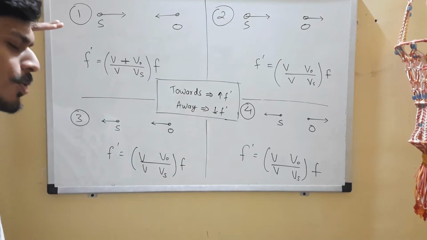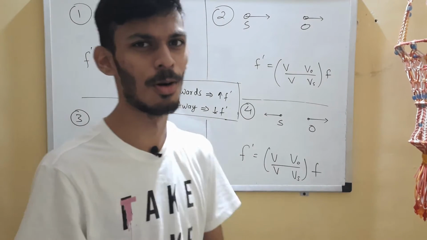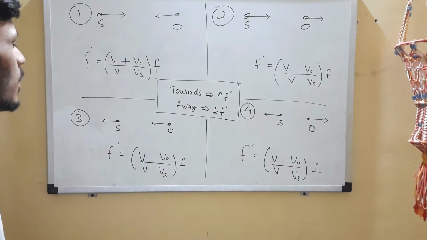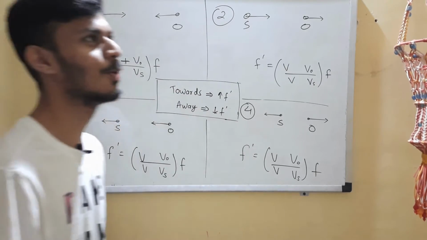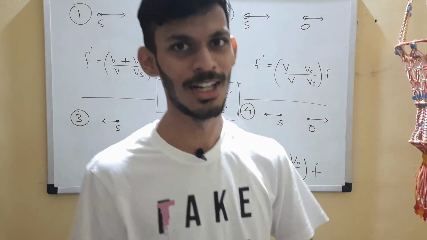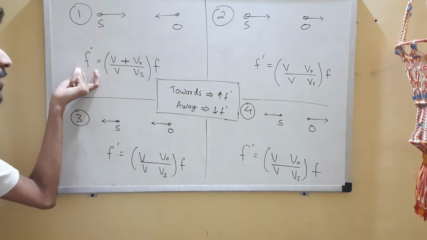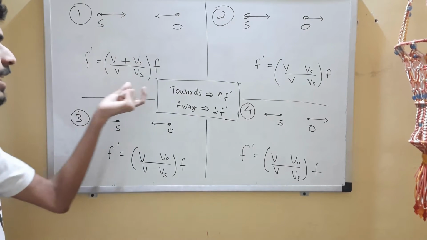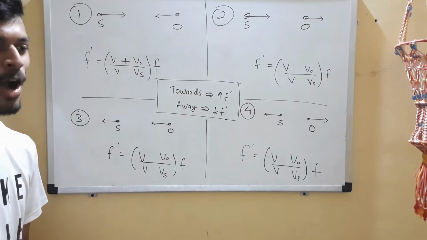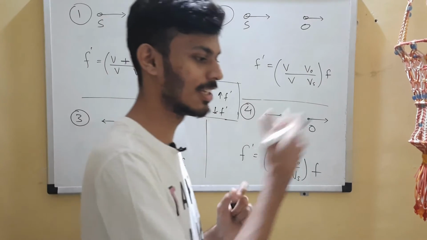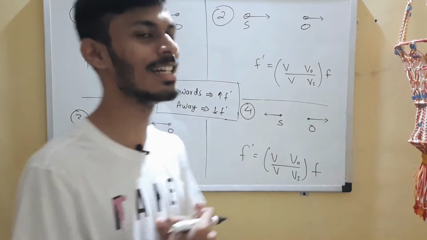Okay, so the source is also moving towards the observer. Towards means it wants to increase the apparent frequency. It wants to increase the f dash, the apparent frequency, but the source velocity is in the denominator. So how do you increase the fraction? Increase the numerator or decrease the denominator, right?